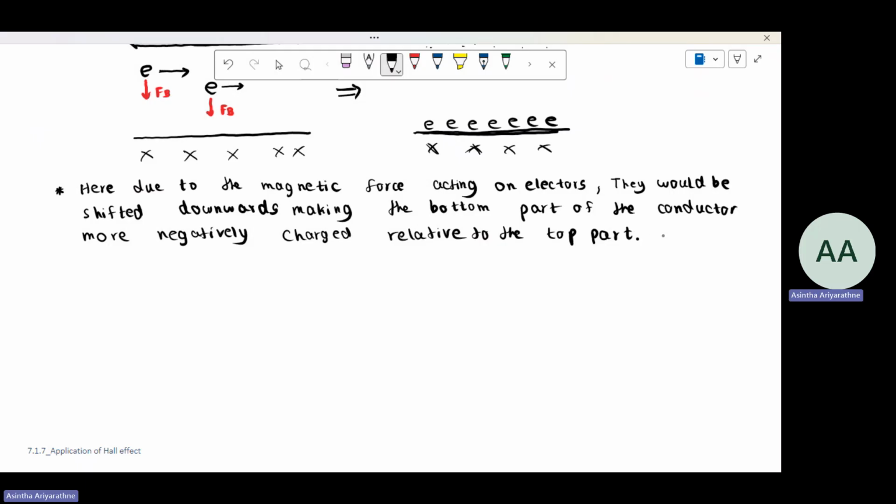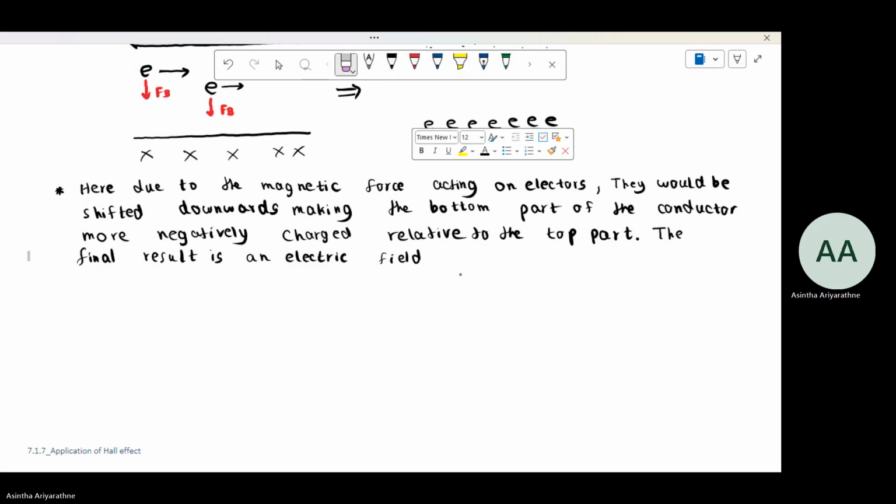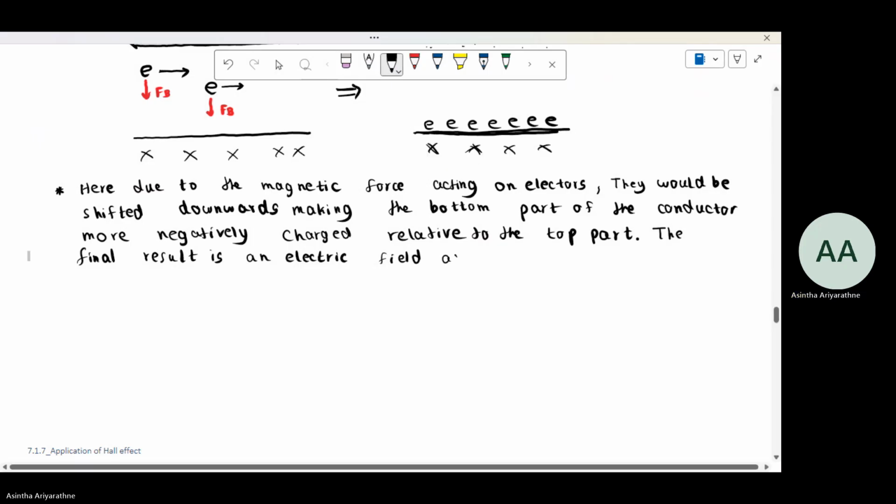So the result is an electric field acting downward. Electric field is from positive to negative charge, right?